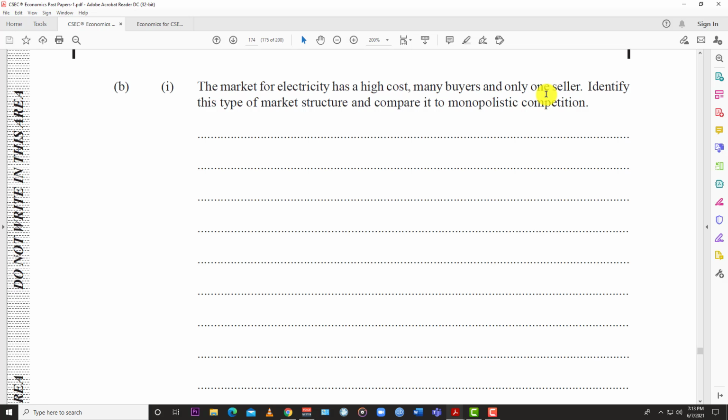The goods can be differentiated, and that's one of the reasons why you can have monopolistic competition. There are many buyers, many sellers, but the goods can be differentiated. Meaning, for example, Nike versus Adidas, whatever, they can be differentiated.